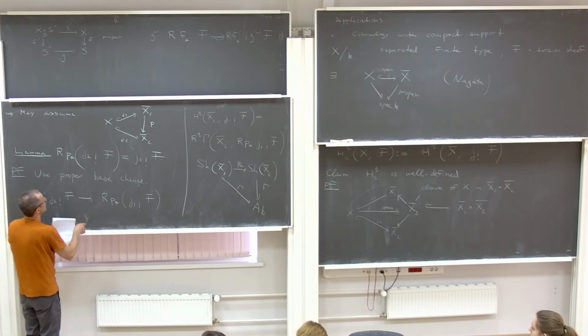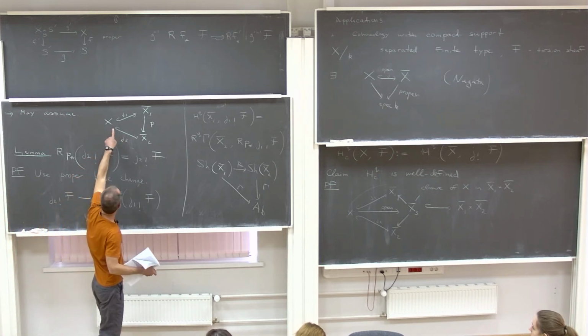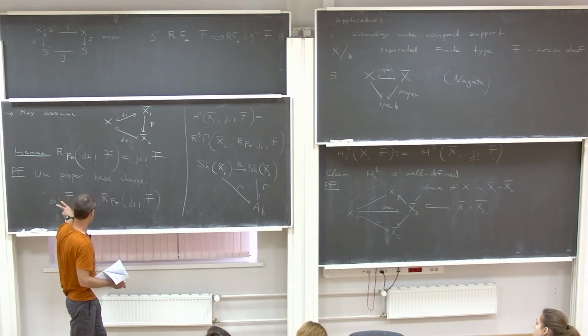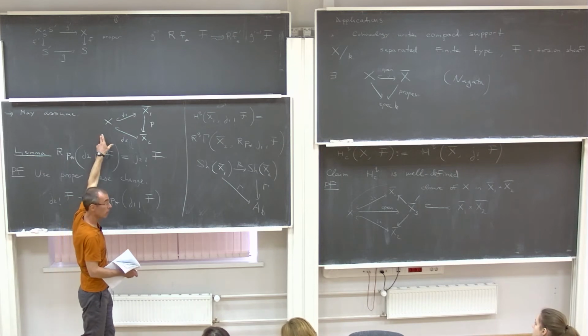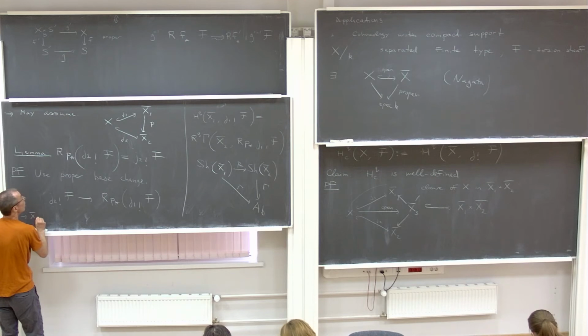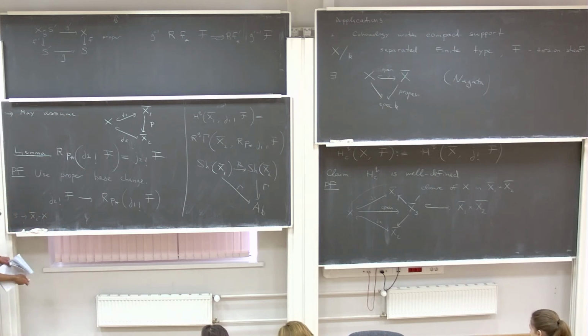This is definitely an isomorphism at any point of X2 bar which is in X, because over X the two sheaves are just F. So if S bar is a point of X2 bar minus X, in the complement, let's compute the stalk at this point.